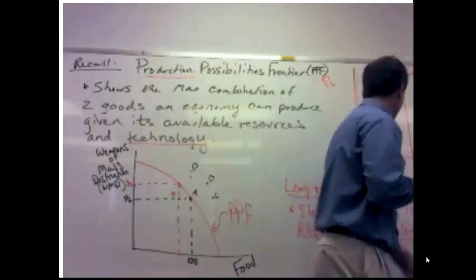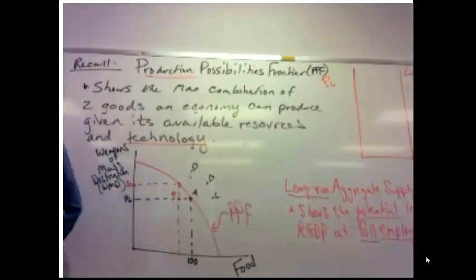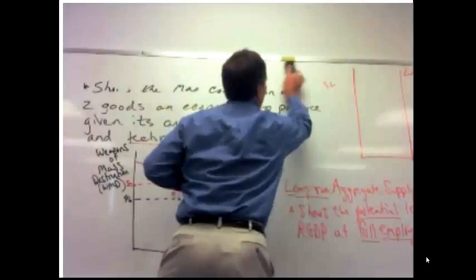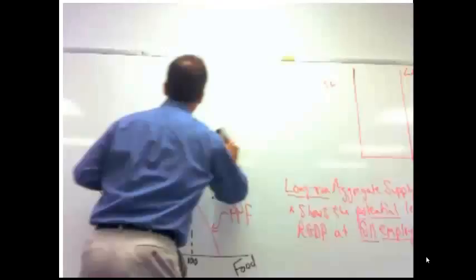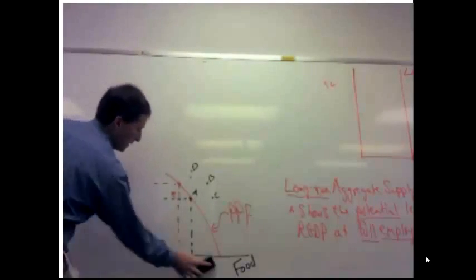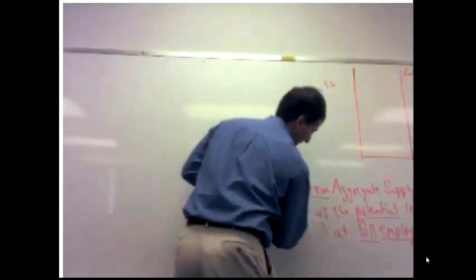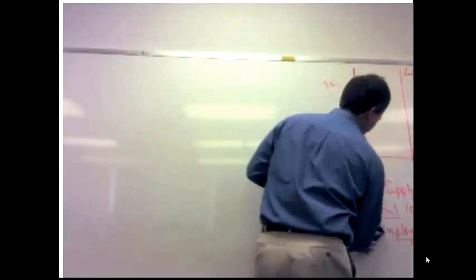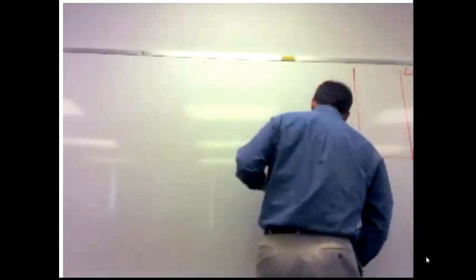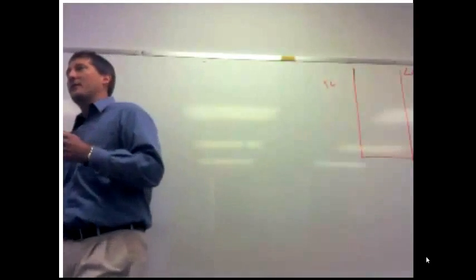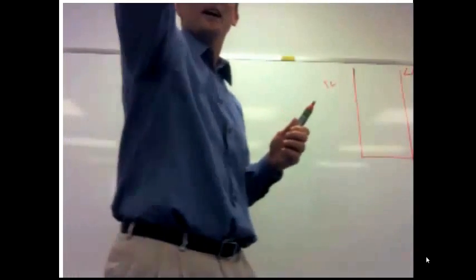Let's make sure we define clearly what's being measured on our axes. Which I just erased. So, price level. Katie, give me a number between 6 and 10. 6. 1, 2, 3, 4, 5, 6.